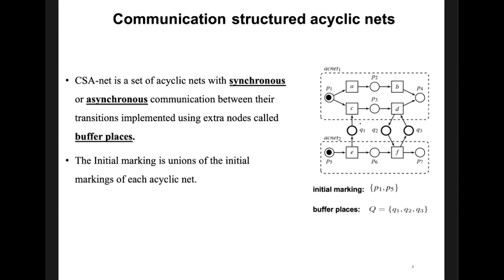So buffer places are extra nodes responsible for passing tokens between different acyclic nets, or between different subsystems communicating with each other. As in an acyclic net, the initial marking here is a union of the initial markings of all acyclic nets. For example, here the initial marking is the union of B1 and B5.